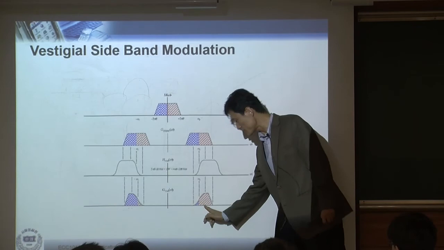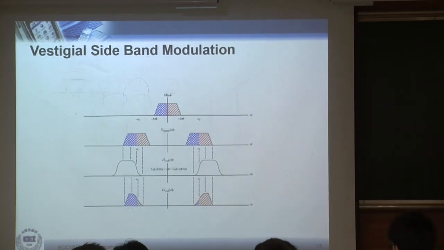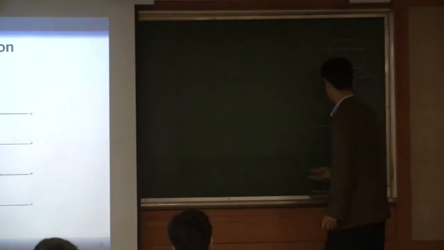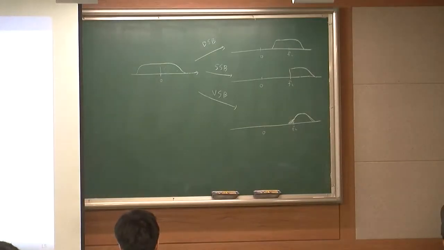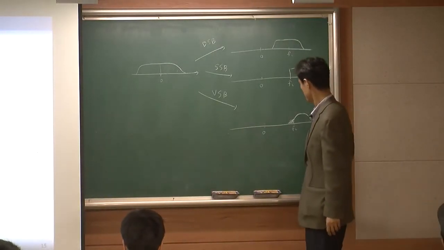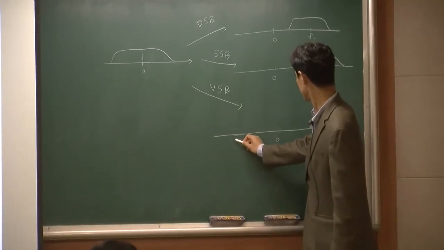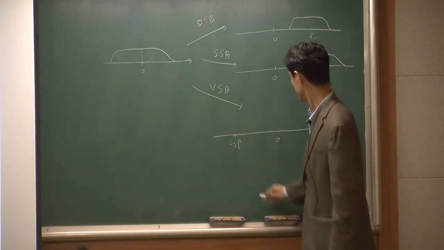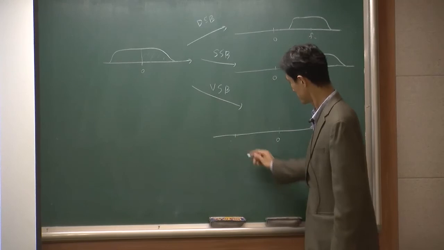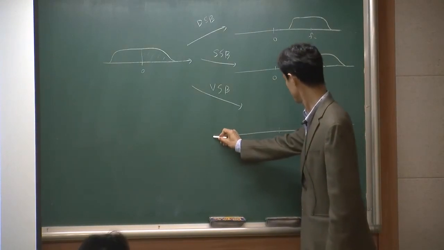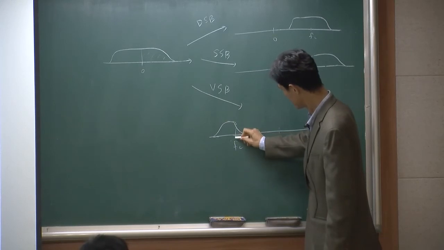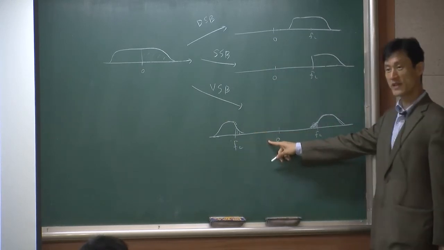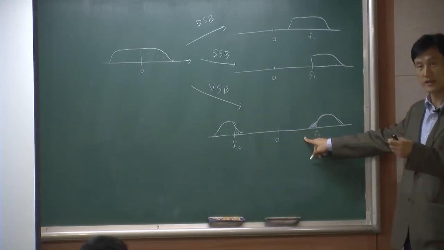When you multiply by the cosine carrier, now what happens? Think about it. So this is the VSB signal you transmit over the air.